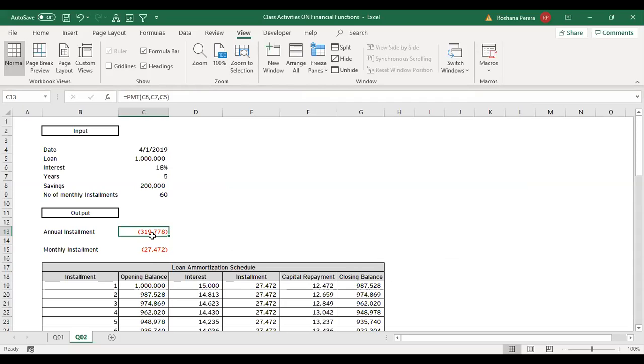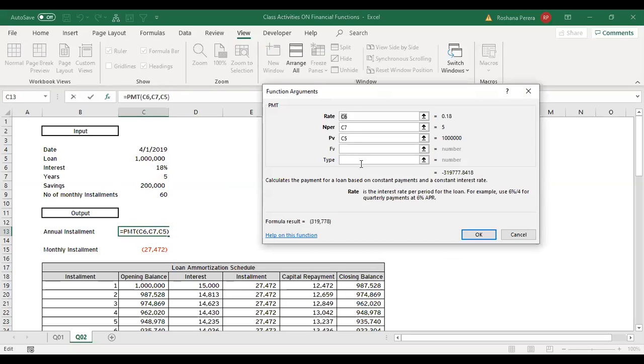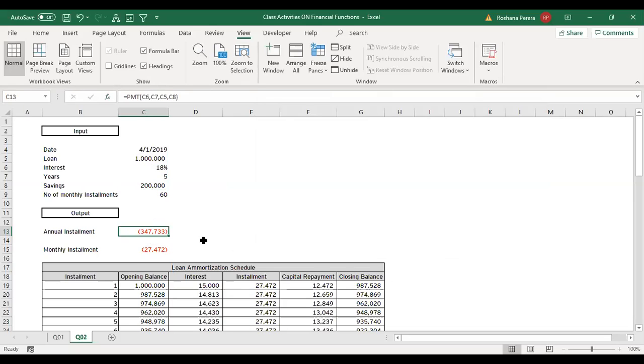But if you expect to have a saving, then as a result the annual installment would be much higher. So if you incorporate the future value, you can see that your annual installment turns out to be 347,733. So that is the important change that you need to observe.